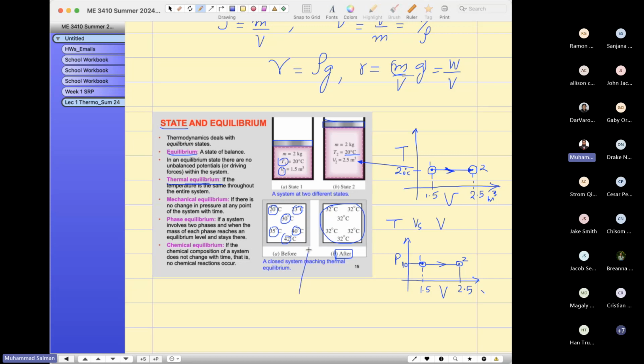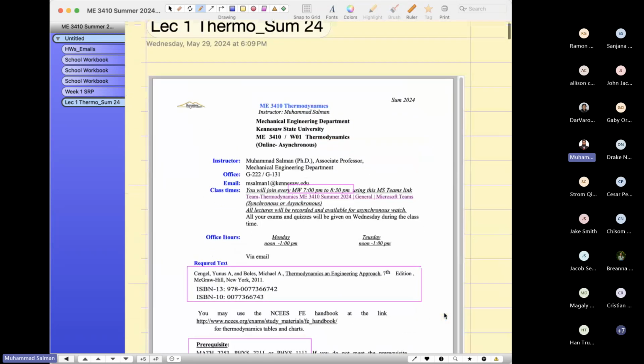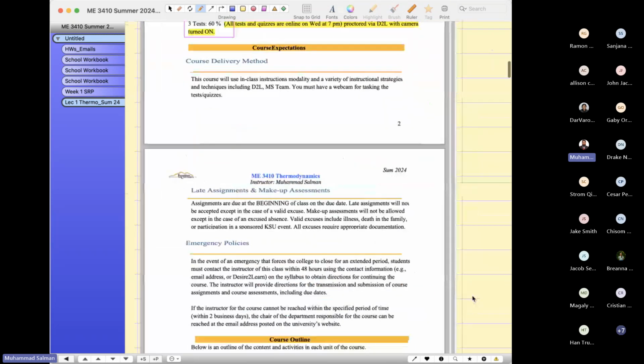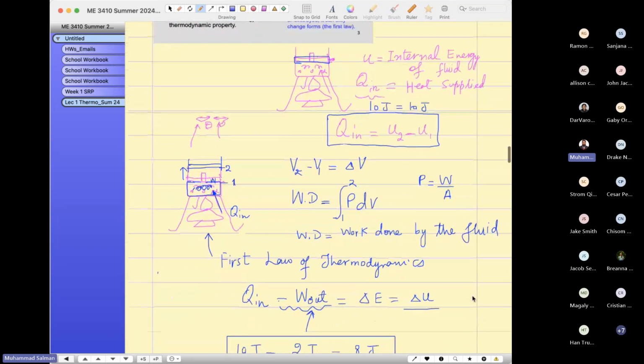it is also known as zeroth law. So you have studied today the first law. Look, what is the first law? You have studied the first law a little while ago, that energy remains conserved.